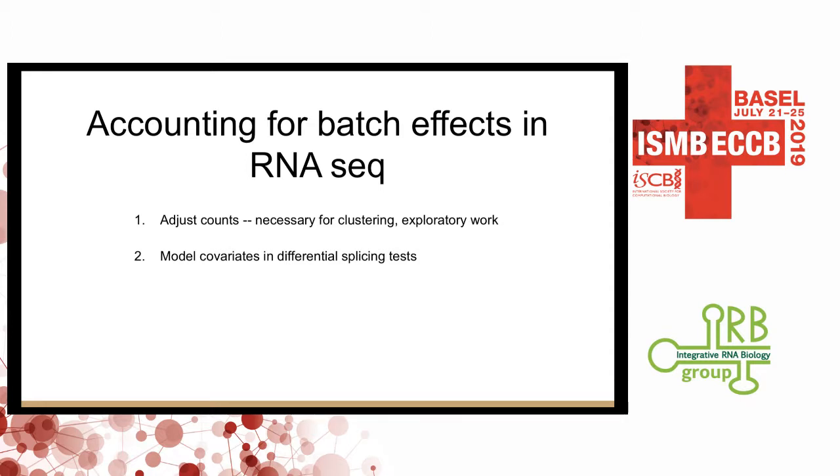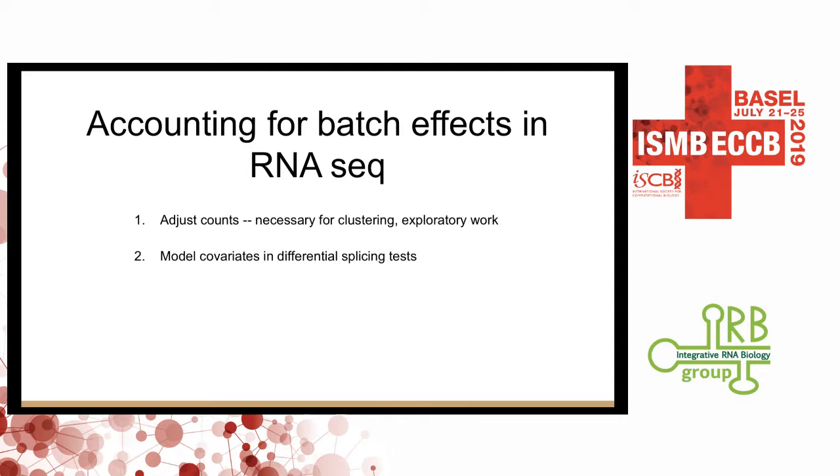We can adjust counts, and this is following the idea of a tool like ComBat for expression analyses of gene expression, transcript expression. And this idea would be to actually adjust the counts so that we get, in a sense, batch-free or approximately batch-free splicing quantifications.